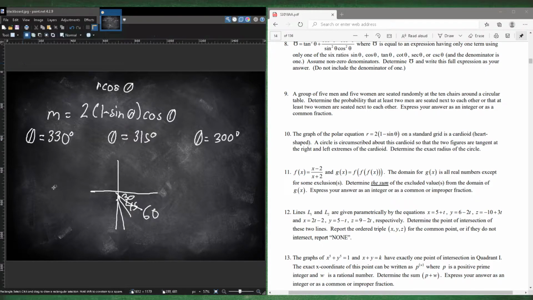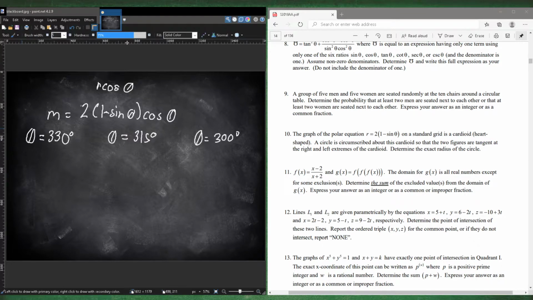Okay, now let's find the measure for all of them. The sine of 30 degrees is 1/2. Since it's negative, it's negative 1/2. The cosine of 30 degrees is square root 3 over 2. The sine of 45 would be negative square root 2 over 2, and the cosine is square root 2 over 2.